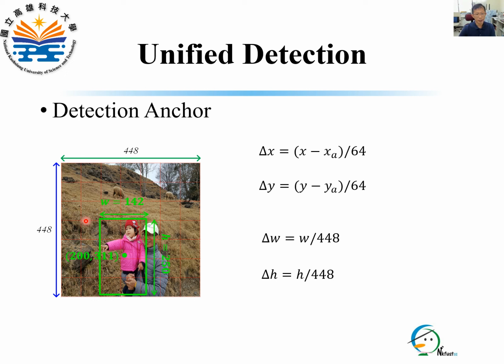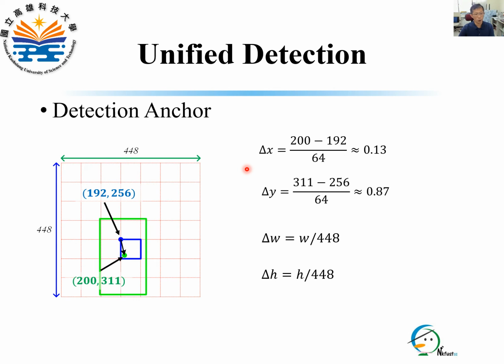Here, we take a green bounding box as an example. The center point of this bounding box falls into the blue anchor, whose left top point is at 192, 256. Accordingly, the computation for encoding the center point x, y is shown in these two equations that are equal to 0.13, 0.87.